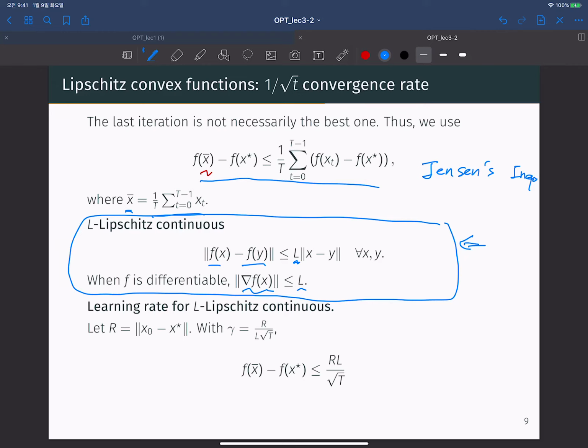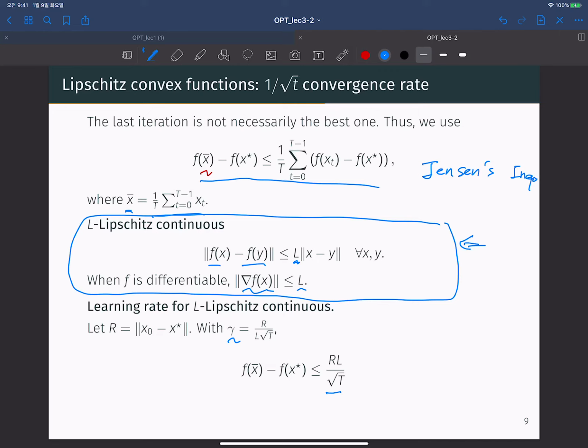So from that, when we plug in gamma equal to R over L square root of T, in the end we have this one. Why?